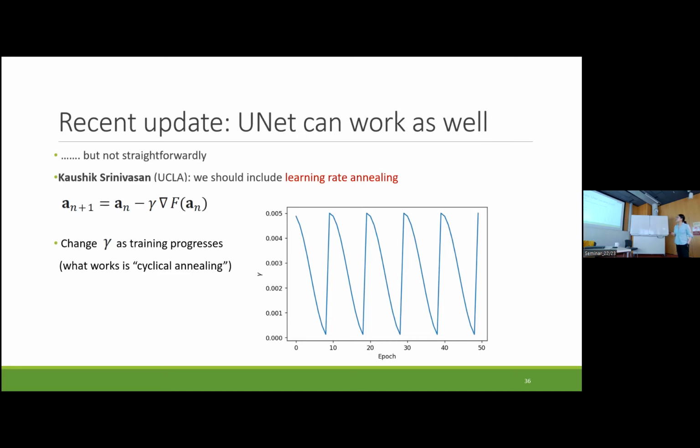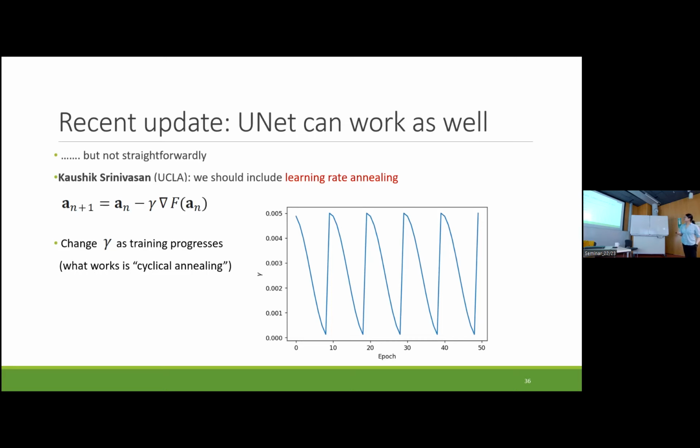So the main idea is that the way a neural network updates the parameters is through some kind of gradient descent, and for a gradient descent problem, you have a learning rate that controls how much you change in every iteration. And Kaushik says we should try changing this learning rate during the training process, and he proposes trying out this thing called cyclical annealing, which looks strange.